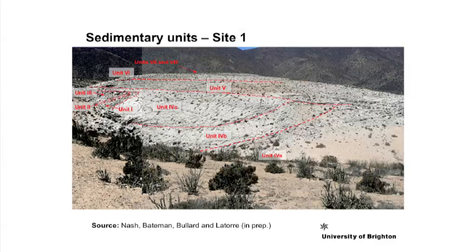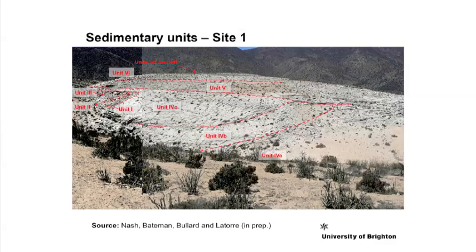We've been looking at again, trying to unravel the paleo-environmental record from these sites. And to do this was quite a complicated task in that these are very complex sedimentary units. But what we did in the field was break down the outcrops into identifiable units that we could distinguish in the field. So I've shown on this figure here a view showing all the different units that we were able to identify.